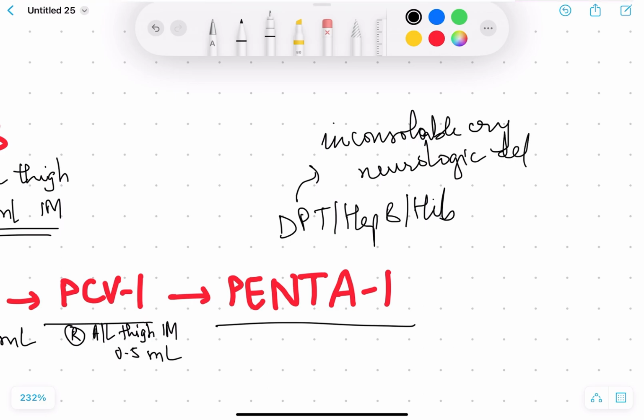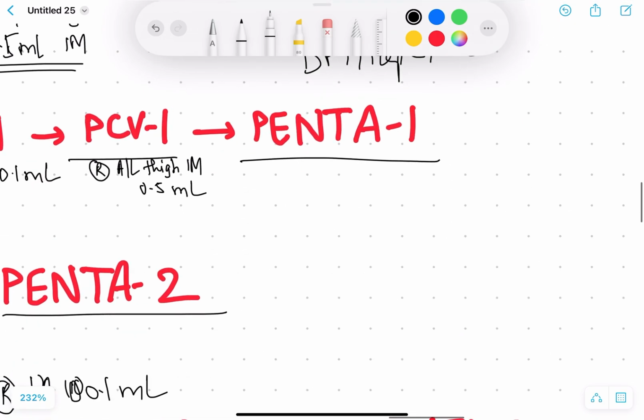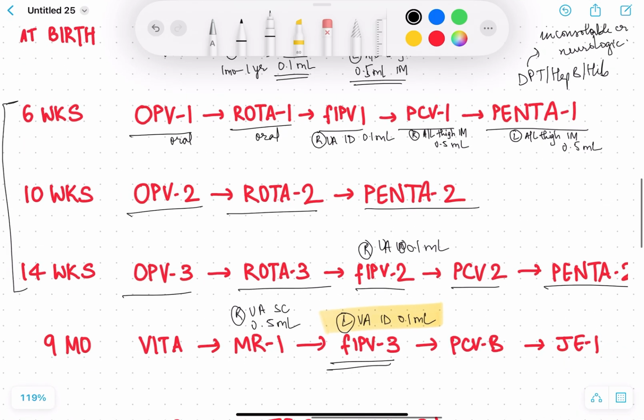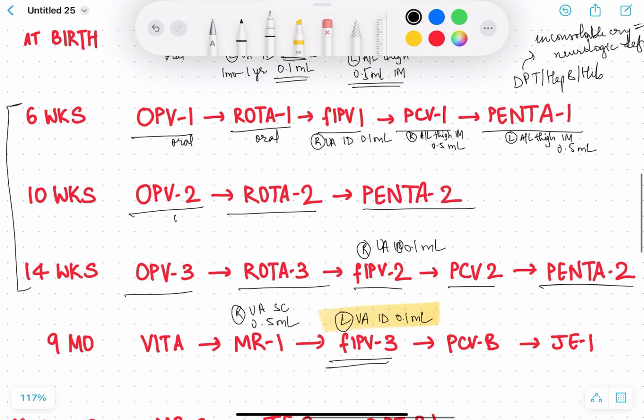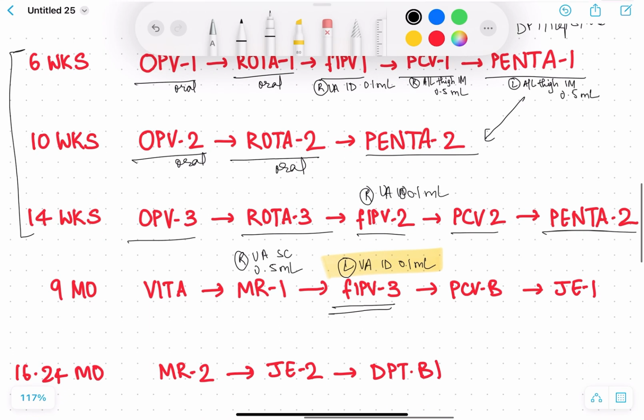This is very rare, but because it leads to this inconsolable cry, we are always going to give pentavalent last. So Penta is now left, so we are going to give it in the left anterolateral thigh IM 0.5 ml. Now at 10 weeks it's very easy, again oral OPV, oral Rota and Penta, the same left anterolateral thigh IM 0.5 ml. At 14 weeks the same order follows.